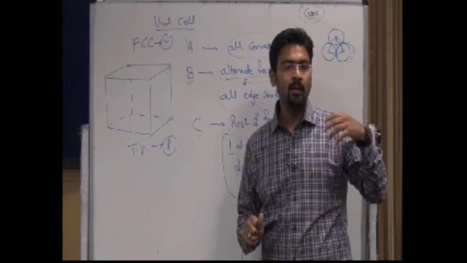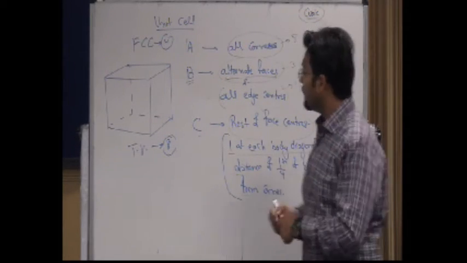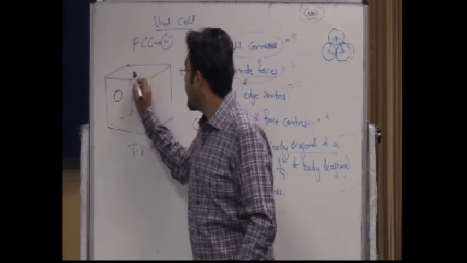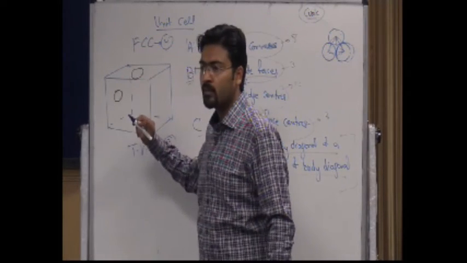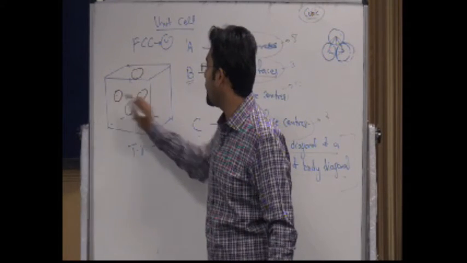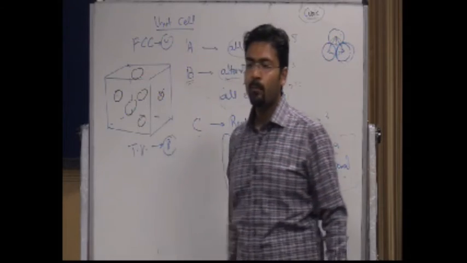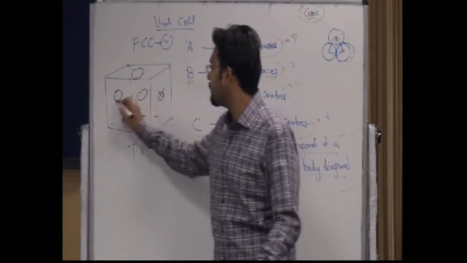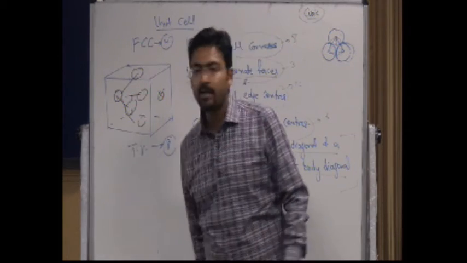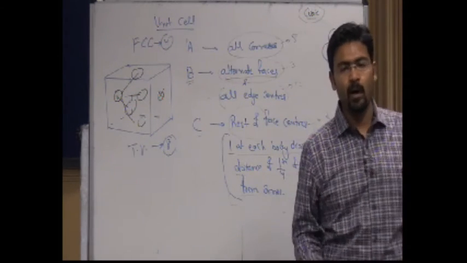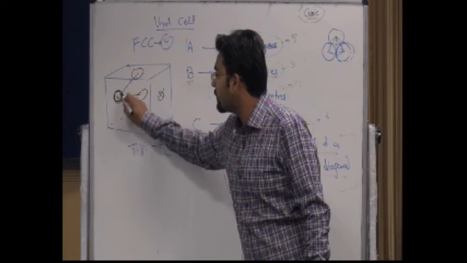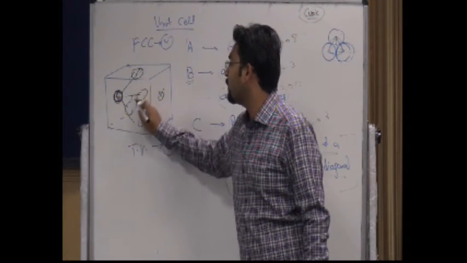For example, if I take the face center atom of this face, it will be touching the face center atoms of this face, this face and this face. It will not be touching the face center atom of this one, because it is farther from this one. We can calculate and prove it, but let's not spend time here. Just remember it as an outcome. In any face-centered lattice, the atom at one face center touches the face center atoms of adjacent faces.